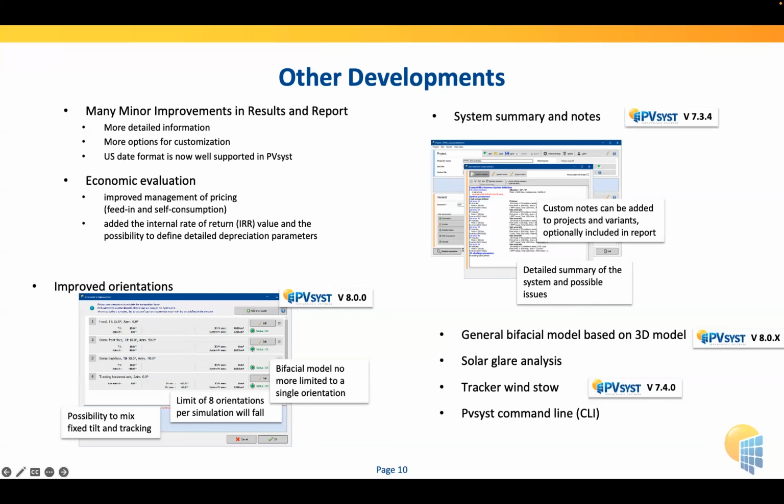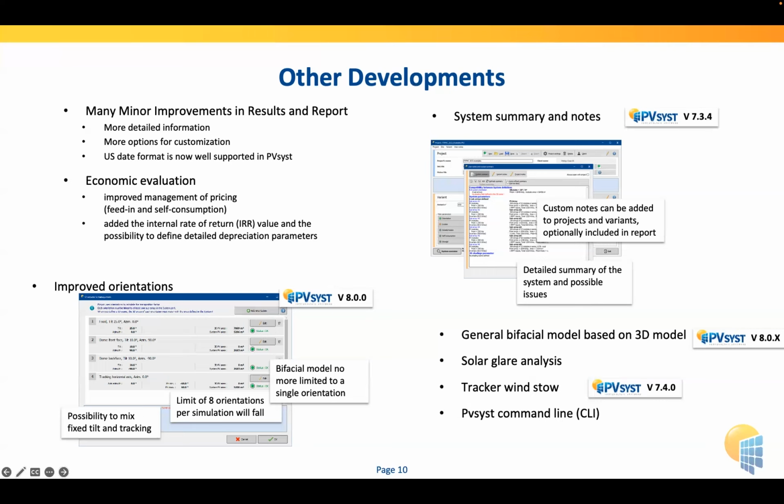We are also working on a general bifacial model, which is based on the 3D drawing. Right now we are using a simplified 2-dimensional model, but this will be generalized to really use the 3D drawing that you have for the shadings, also for the bifacial calculations. This is not version 8.0, but a following version.